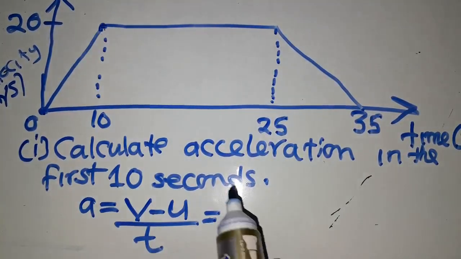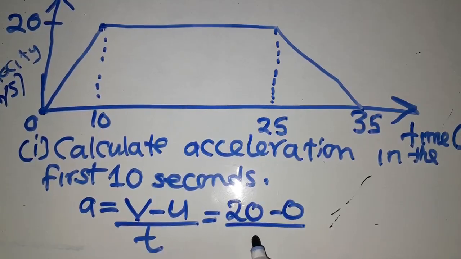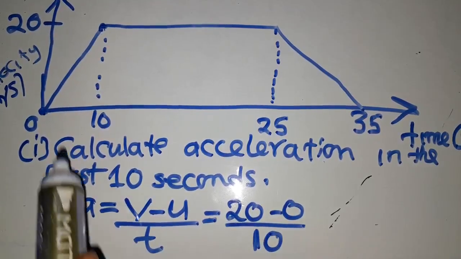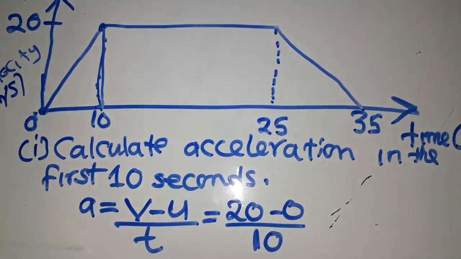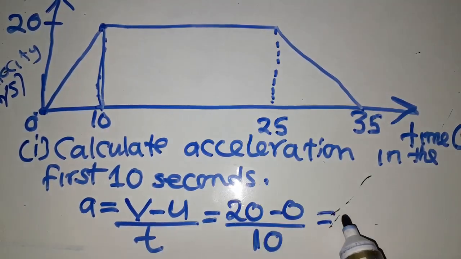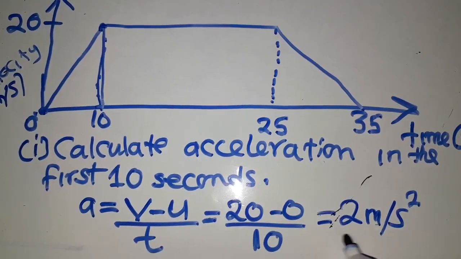So it is 20 minus 0 over 10, the time difference. 20 minus 0 is 20, divided by 10 is 2. So 2 meters per second squared. That is the acceleration in the first 10 seconds.